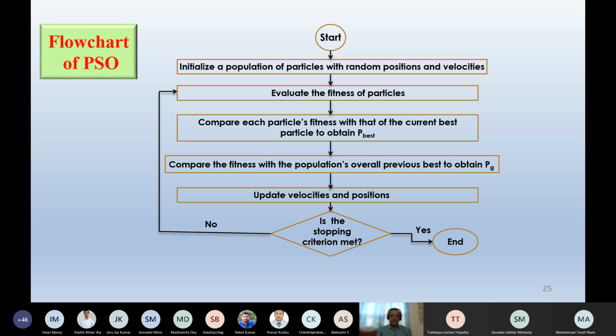And once you've got P best for the whole swarm, now we can compare and find out what is the globally best. Update the velocity and position. Check whether it has reached the termination criterion. If it is yes, that is the end of the program. If it is no, you repeat this particular iteration. It is a very simple algorithm.